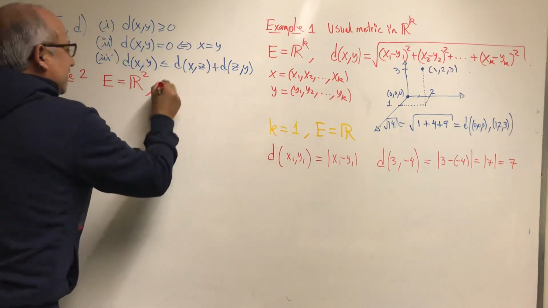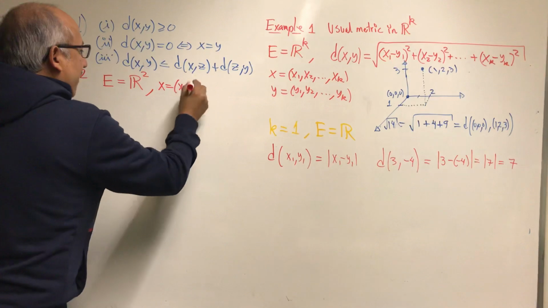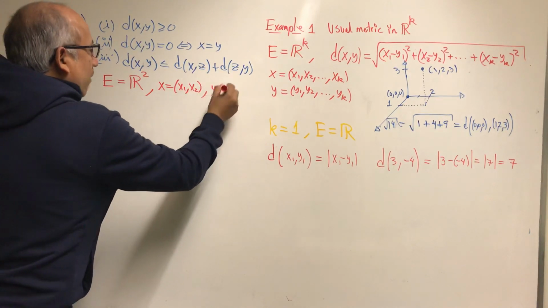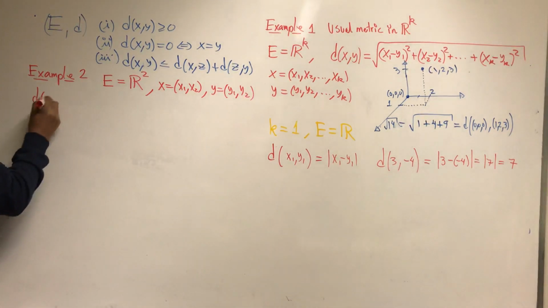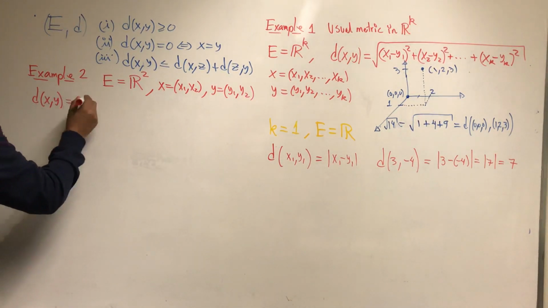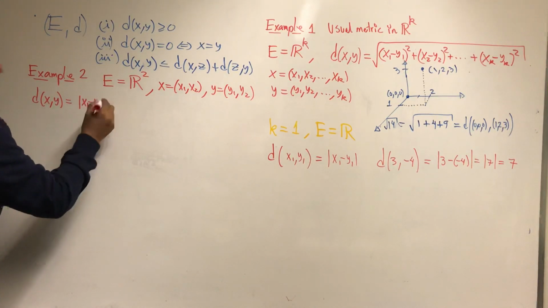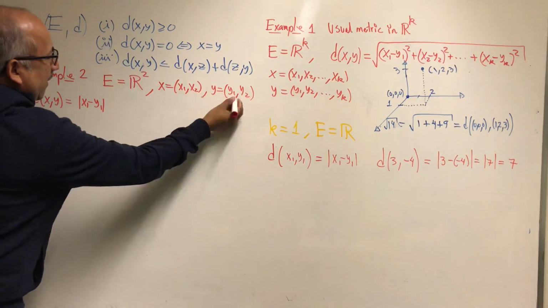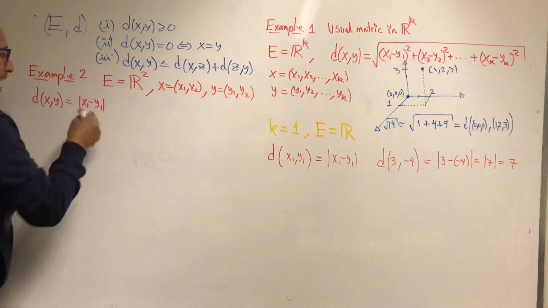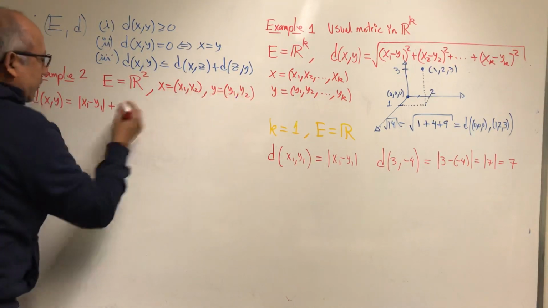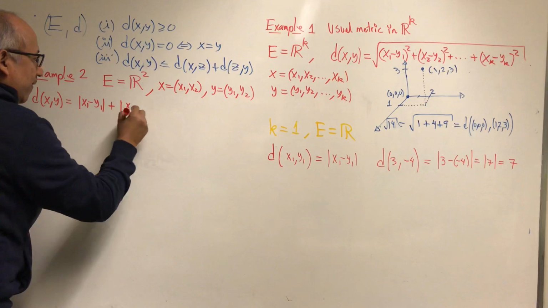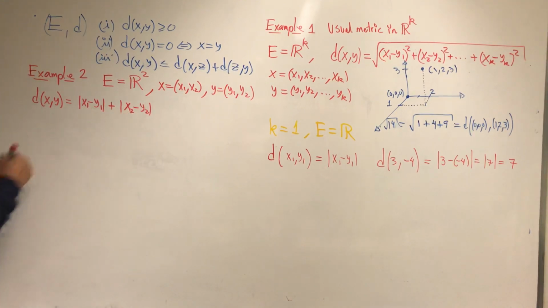If x equals (x1, x2) and y equals (y1, y2), the distance from x to y is going to be the absolute value of x1 minus y1. In other words, look at this guy and this guy, subtract them and take the absolute value, plus take a look at the second guy and the other second guy, subtract them and take the absolute value. When you add those absolute values, we obtain this distance.